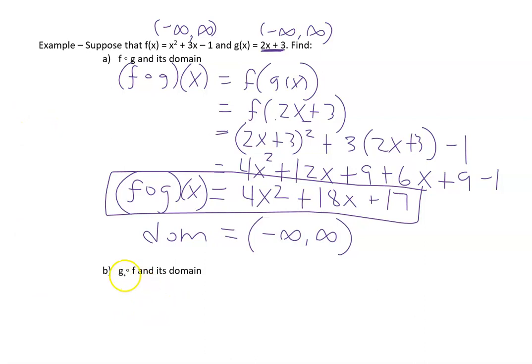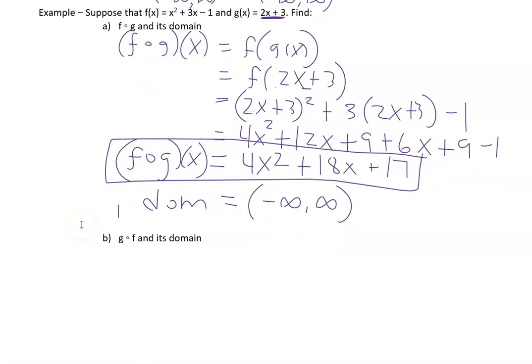So now let's look at g composed with f. Again, remember that the order of the functions does matter, because that's going to tell us which function we're using as our input. In our first example there, we were using g as the input for f. In this example, we're going to be using f as the input for g.